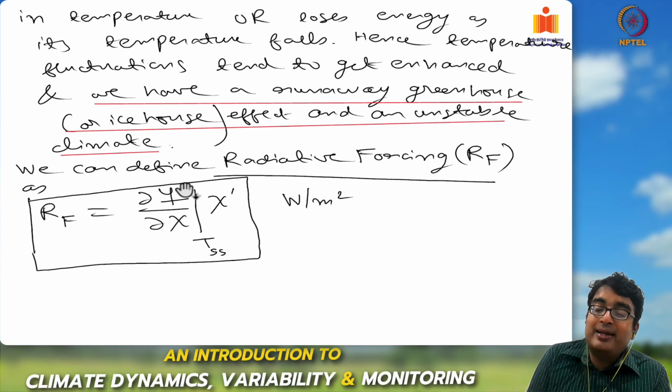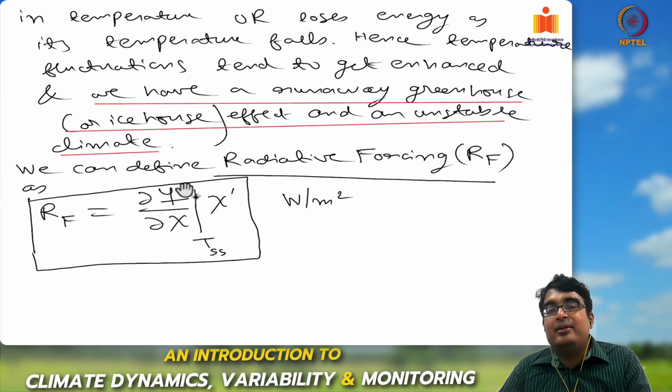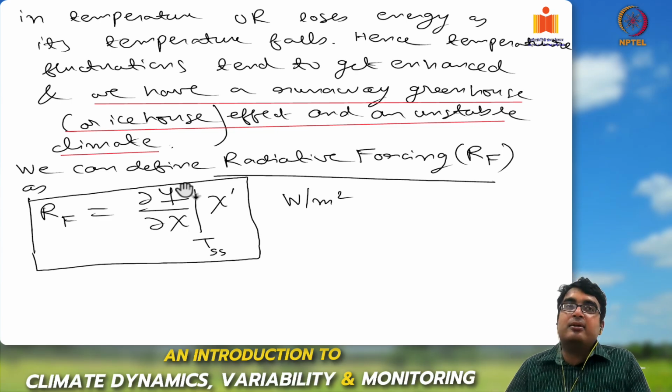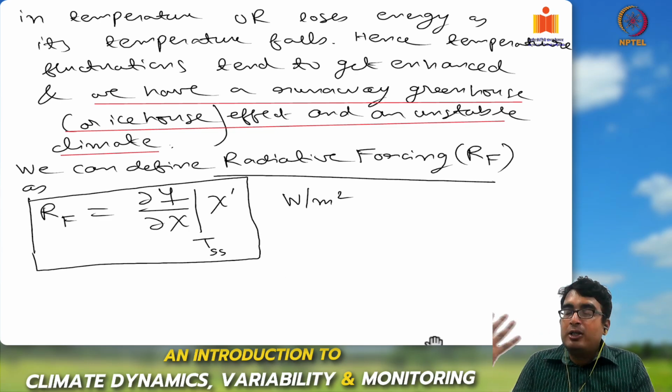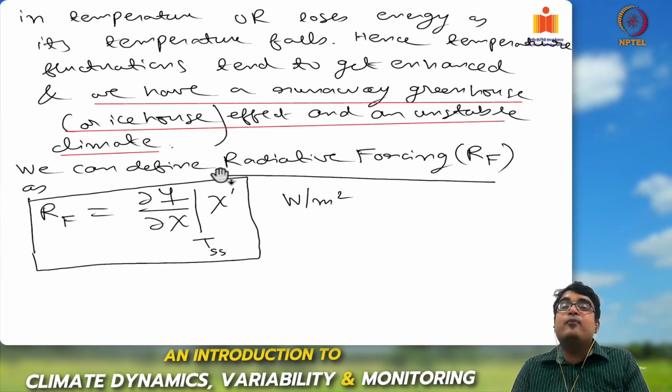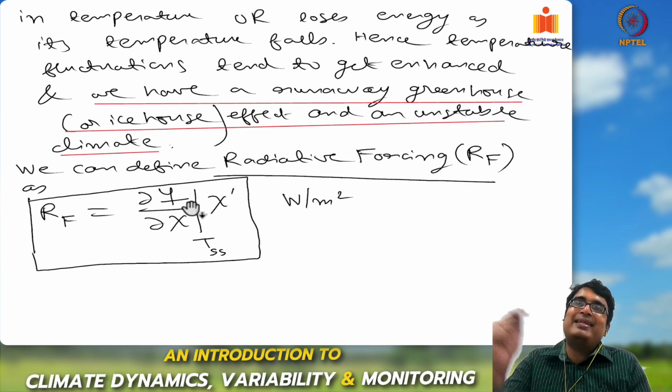That is, the OLR is decreasing with respect to the shortwave radiation, and as a result, the system is gaining more heat with increase in the greenhouse gas concentration. Whereas if this X is the concentration of soot or suspended matter in the atmosphere, then the radiative forcing term will be negative, because there the increase in concentration will decrease the absorbed shortwave radiation, and so the F will fall as X increases.